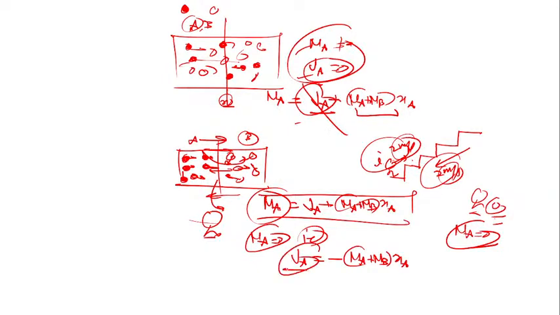It means the individual contribution, the diffusive flux, is counterbalanced by the bulk contribution, the bulk flow flux. Yes or no? They're counterbalanced.